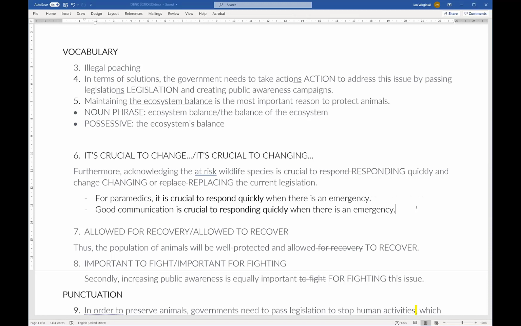Here they are saying that the second sentence is okay. So I think the ing for responding has no time manner, and with good communication will be responding quickly.